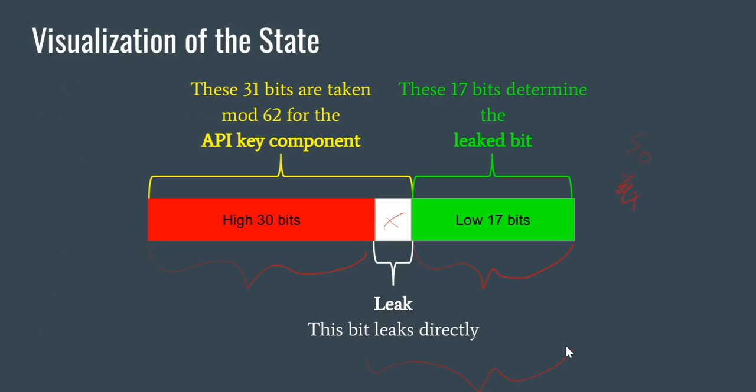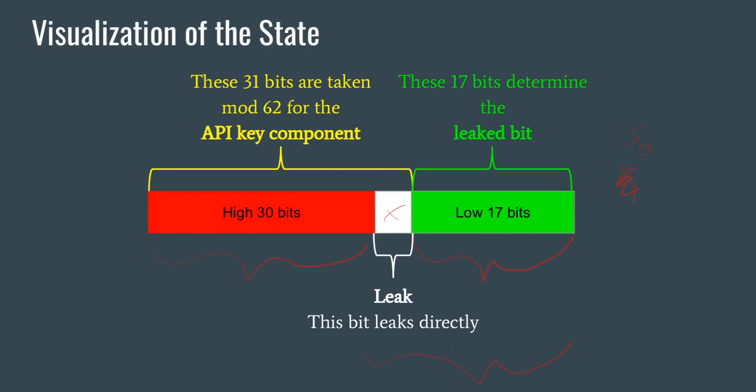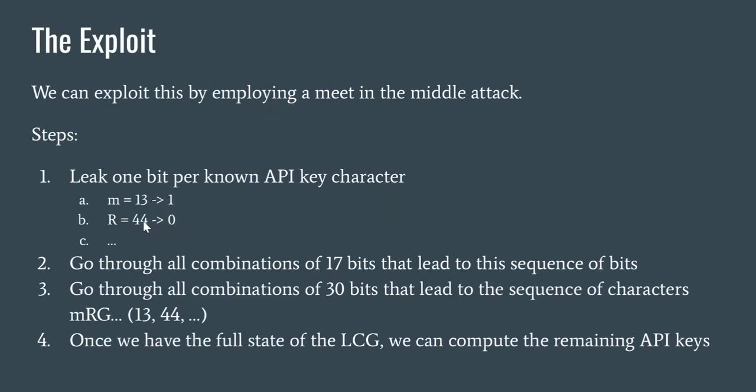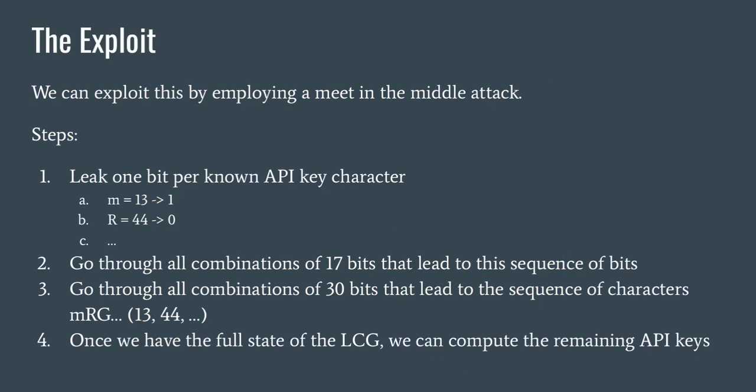This is the special case of an LCG. So we leak 1 bit per character of our API key. The first bit is 1, so in the first state this bit here in the middle is 1. In the second state this bit here is 0, and we go through all possible 17-bit combinations.